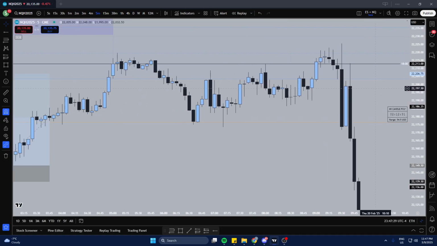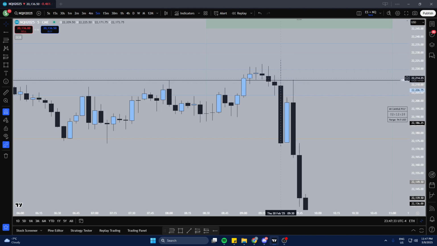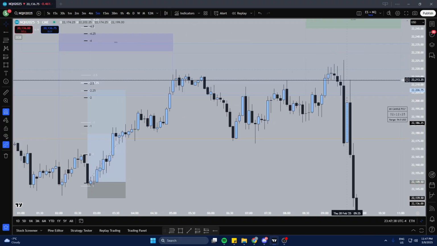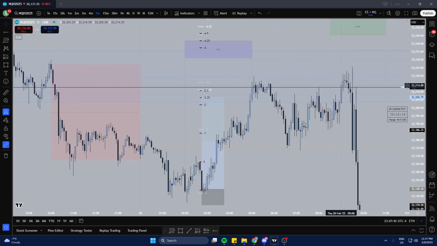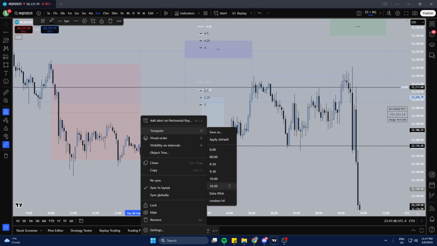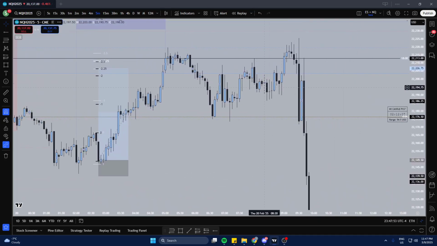You can see here that past the 9:30 New York Open, there are only one or two opportunities to enter short in premium on the day. This is also true for Midnight Open. Midnight Open is the exact same thing.